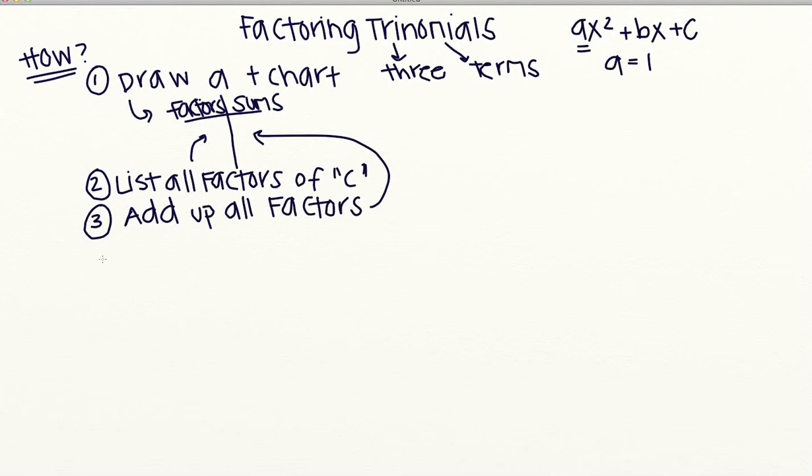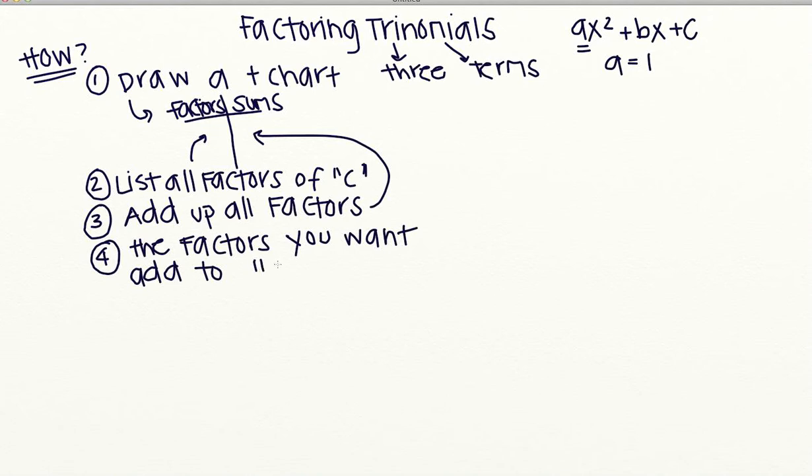And then step 4 is finding which ones you want. So the factors that we're looking for are the ones that add up to the B term. The factors you want add to the B term. And remember, the B term, and I'm going to look up here, the B term is the middle term.